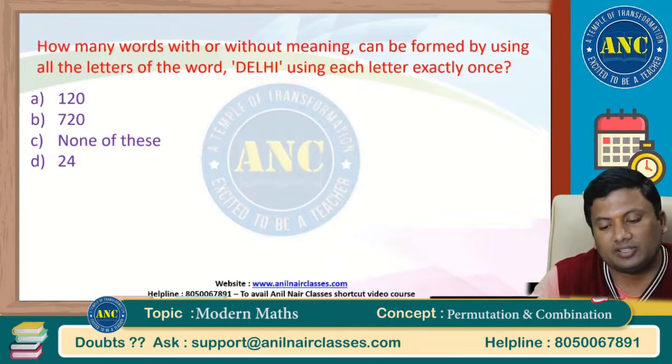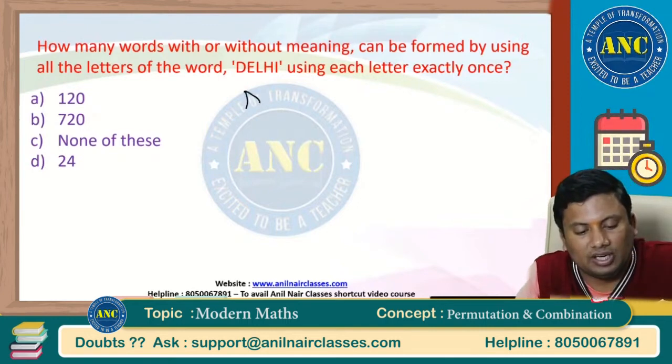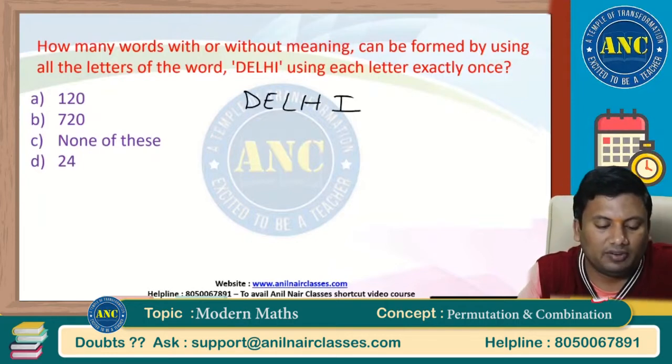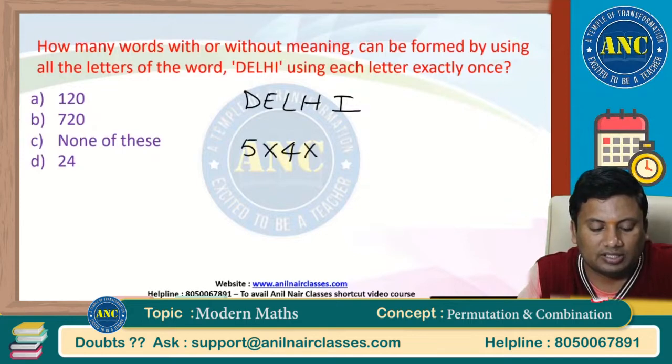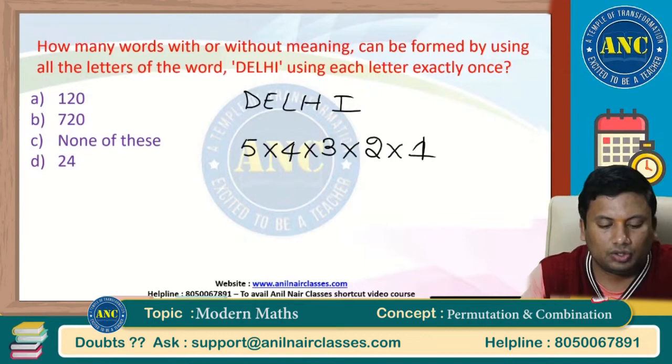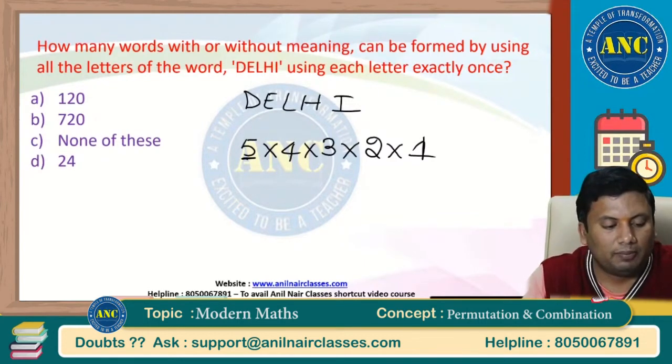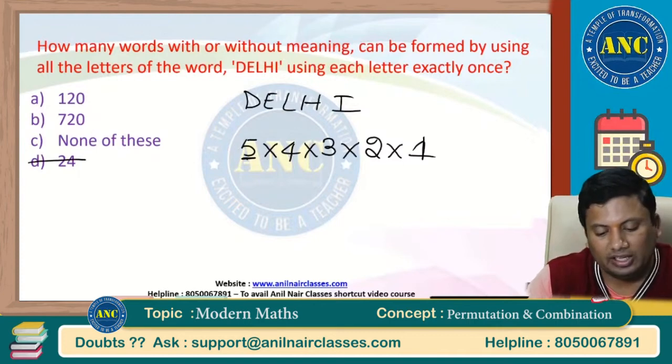Now, see here. How many words, with or without meaning, can be formed from the word Delhi? 5 different letters are there, so 5 different letters can arrange among themselves in 5 factorial, 5 into 4 into 3 into 2 into 1. Now see here, the answer is divisible by 5, so 24 is out.